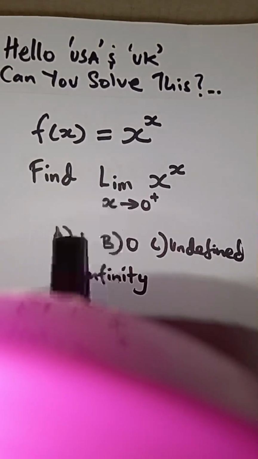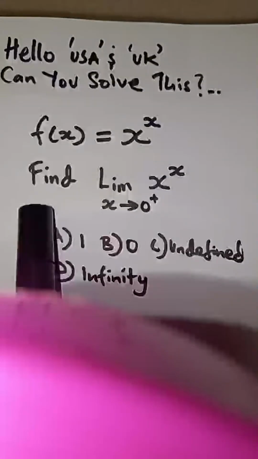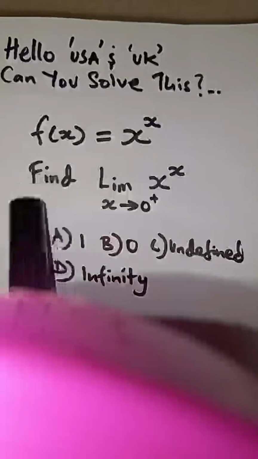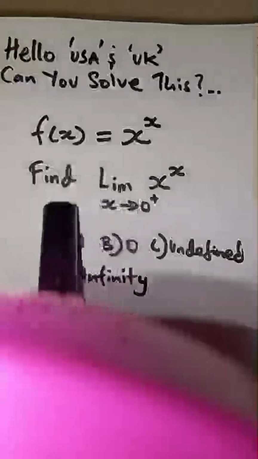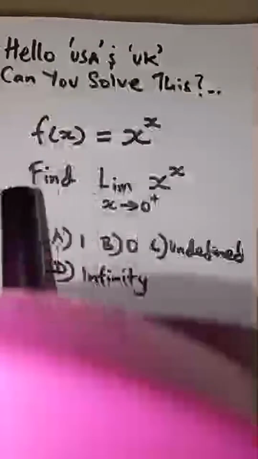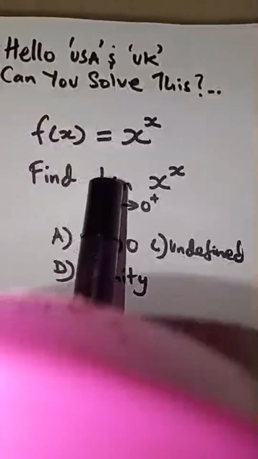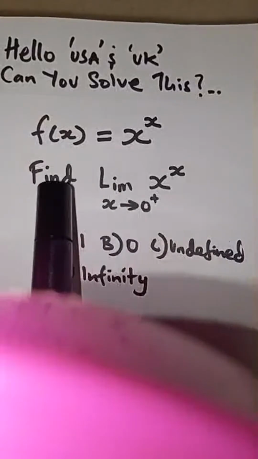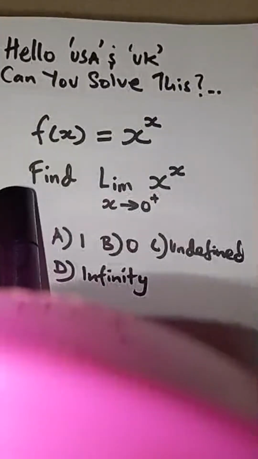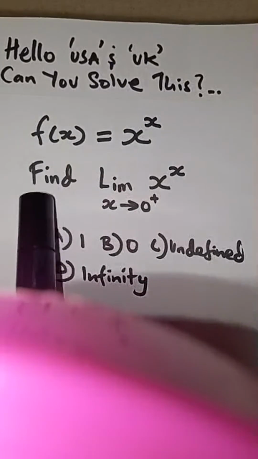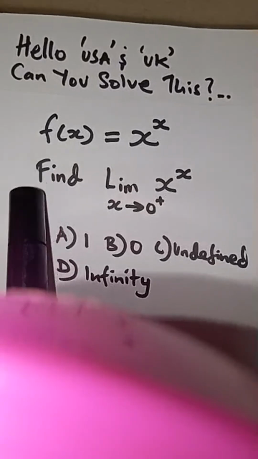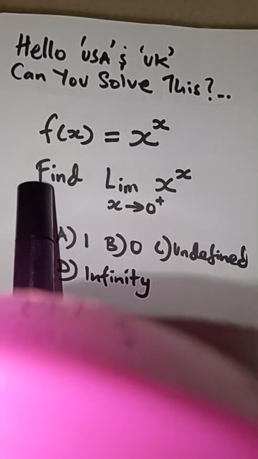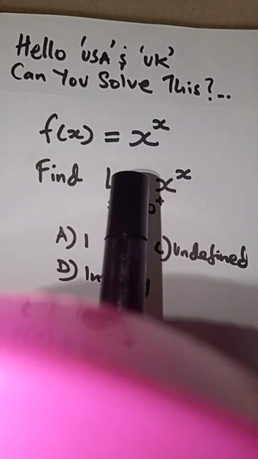So this is a very controversial equation. Others can get 1, B, that is 0, or undefined, or at the infinity. So mathematicians in the house, let's brainstorm on this equation.